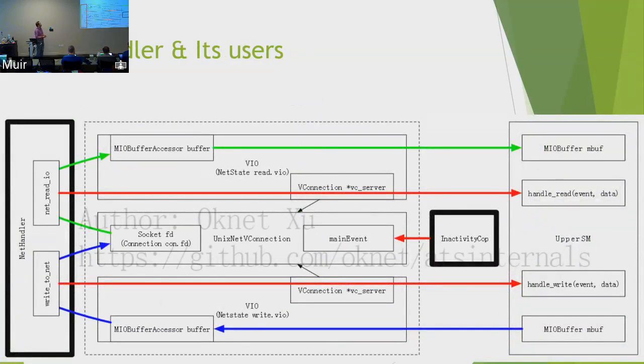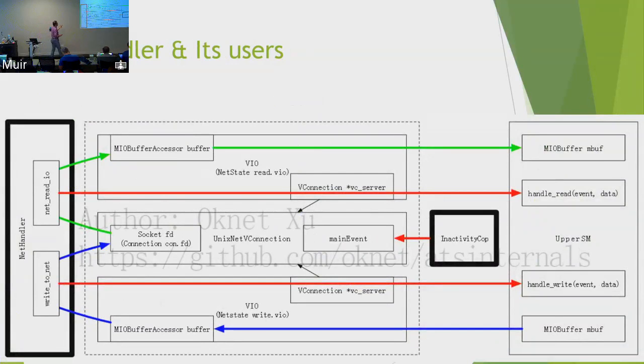Okay, this is how the net handler and its users work. Its users are the HTTP SM and other SMs. I call this the alpha SM. The green line means read, the blue line means write to the socket.